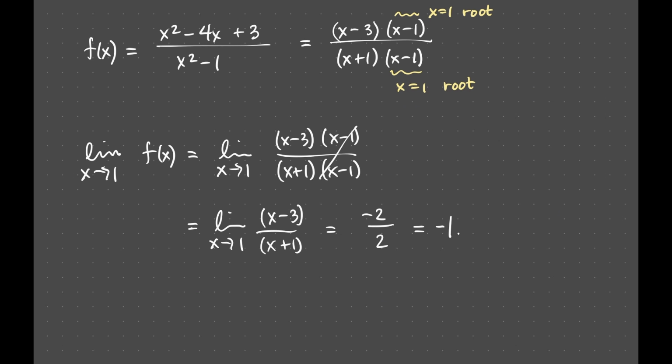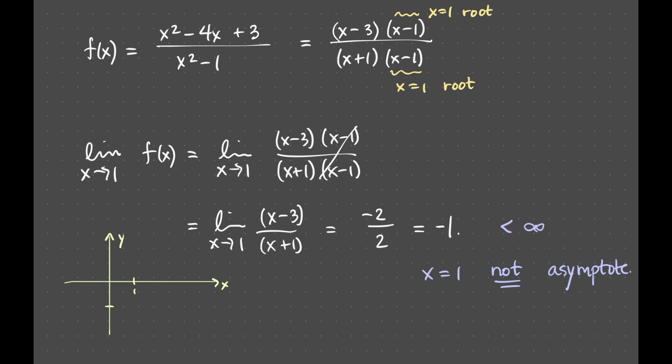Taking x to 1 then, we see that this limit is equal to minus 1, which is a finite number. This means that the line x equals 1 is not a vertical asymptote for the function, even though it's a root of the denominator. Instead, you can check that this value of x equals 1 is just a place where the graph has a hole.